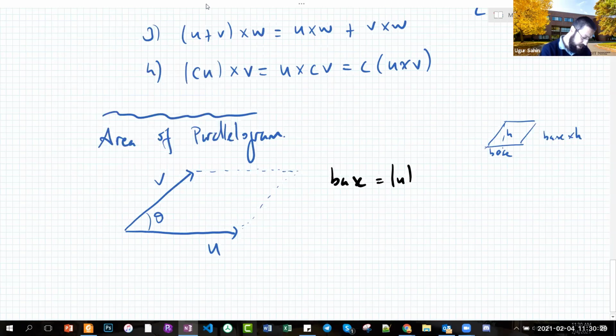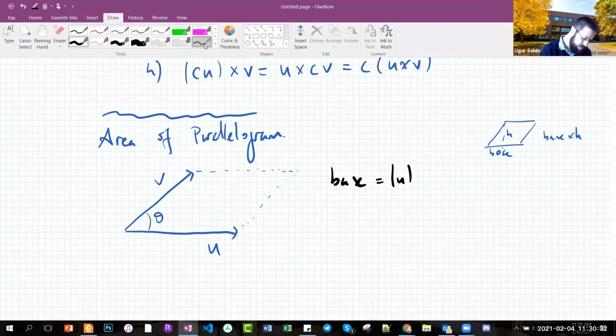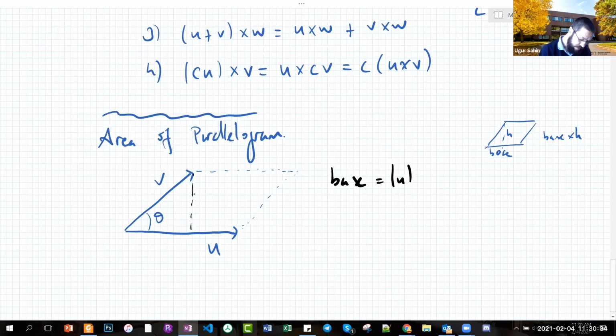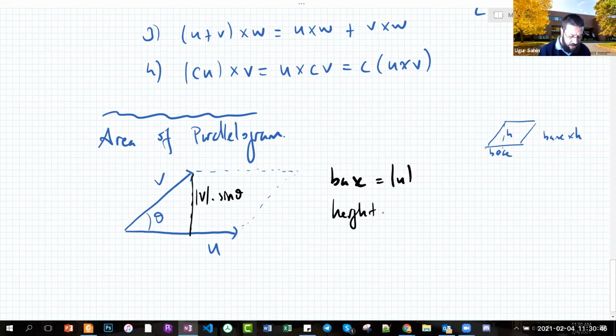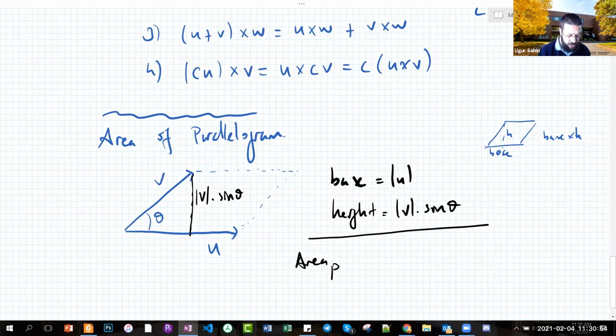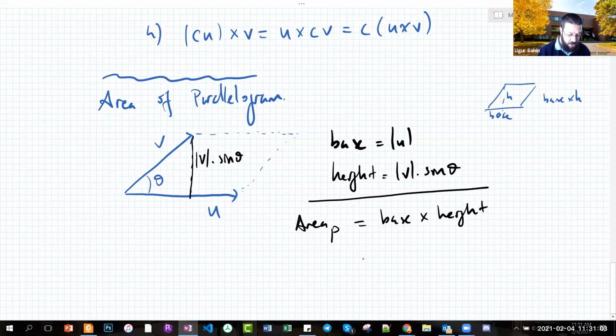So what about the height here? This height can be V times sine theta. Exactly. The length of the height can be given by sine theta. So the area of the parallelogram is going to be base times height. So it is the magnitude of U and V and sine theta.